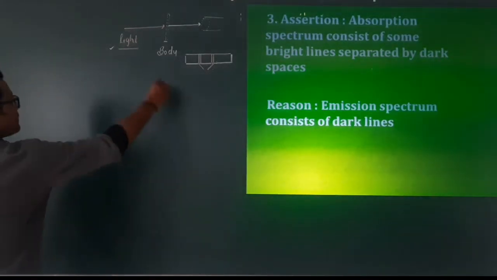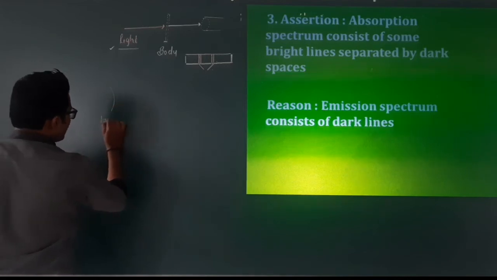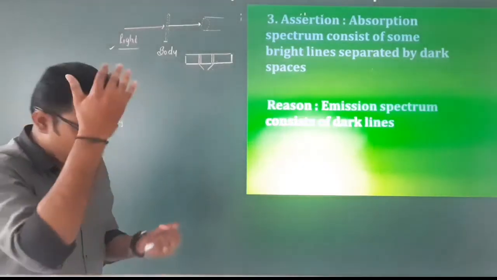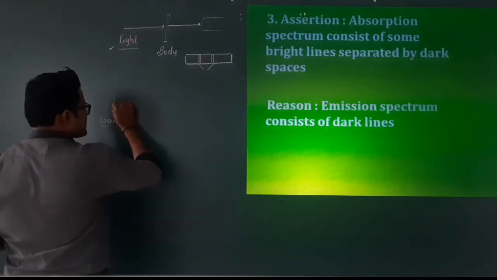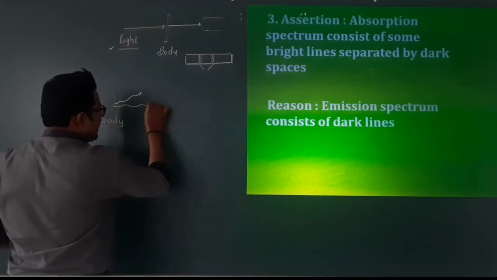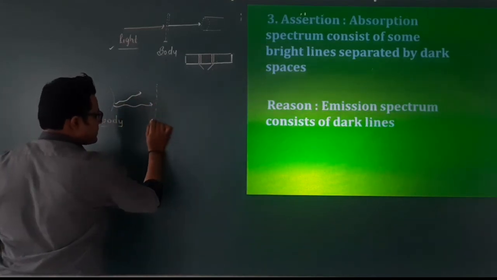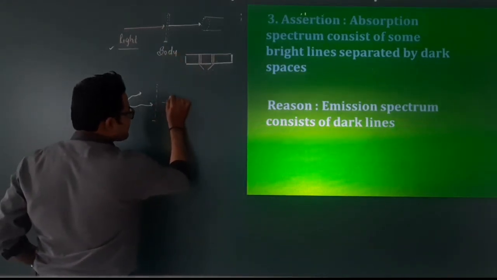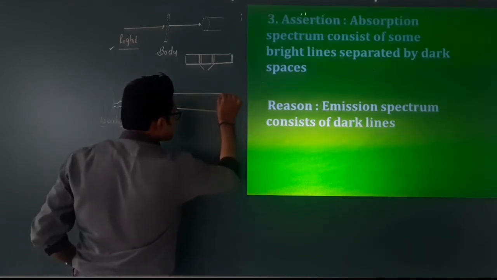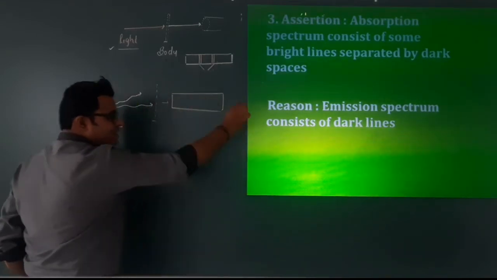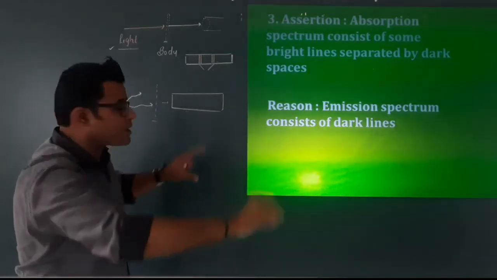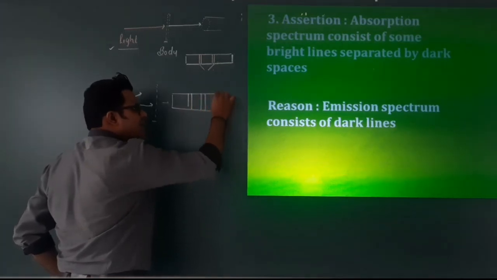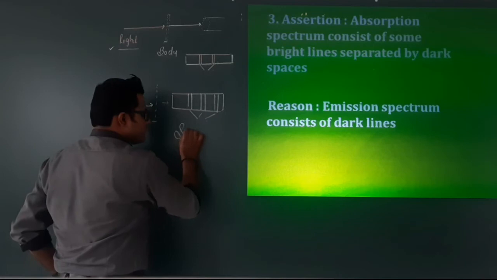No. Whenever there is a body with a tendency to emit radiations, and these emitted radiations are analyzed using a spectrograph, we get a spectrum. In that spectrum, there is a discontinuous spectra with several sharp bright lines.